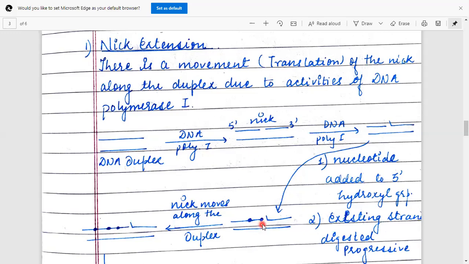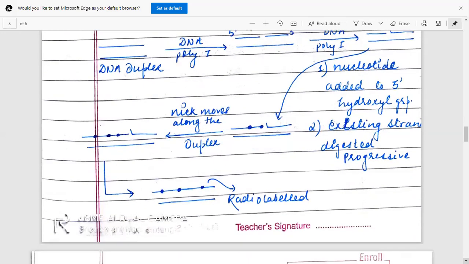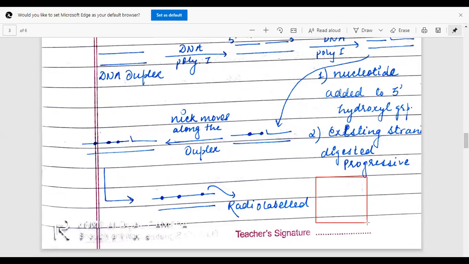With the addition of the bases there is going to be extension and replacement of the rest of the strand, and ultimately we will get the final added labeled nucleotide.